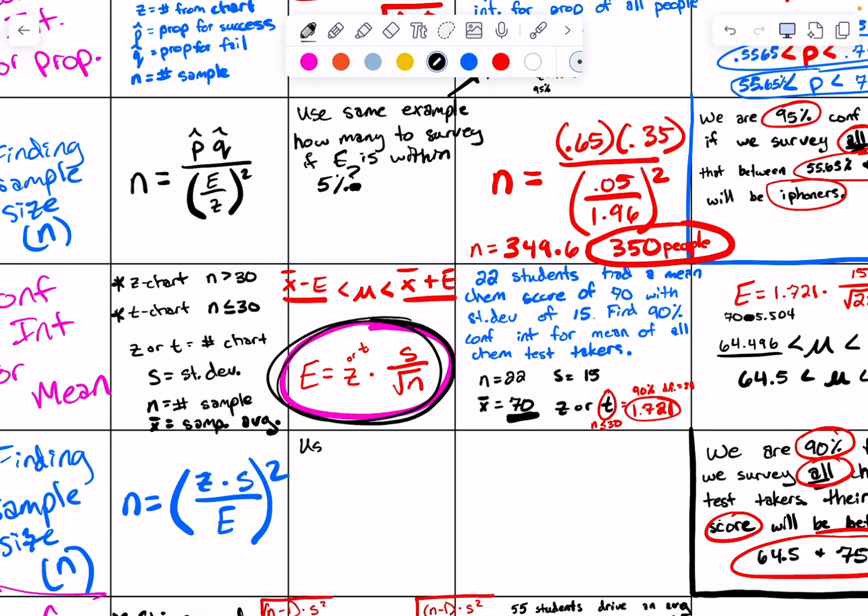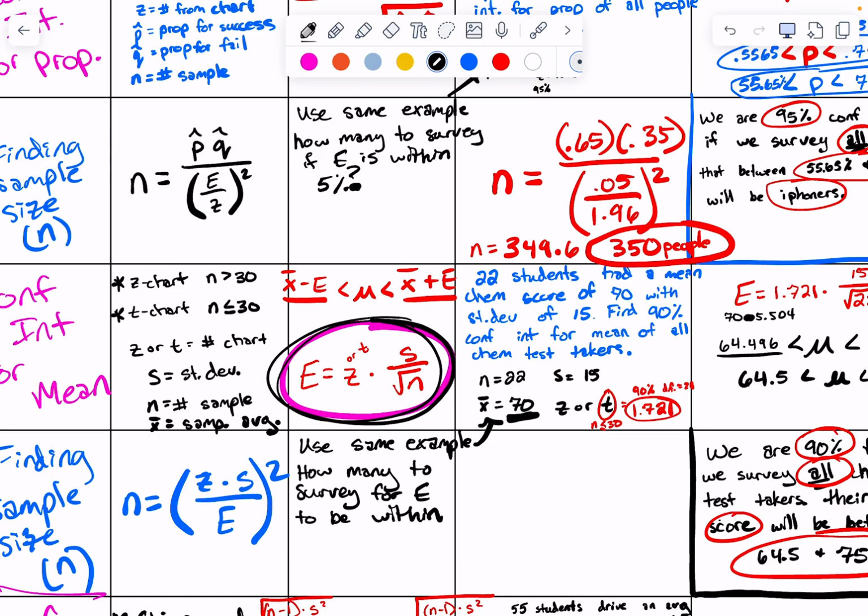Okay, so I'm going to use the same example. I'm going to use the same information up here. But I want to know how many people I need to survey for the error to be within, and we're talking a mean now. We're not talking about percentage.